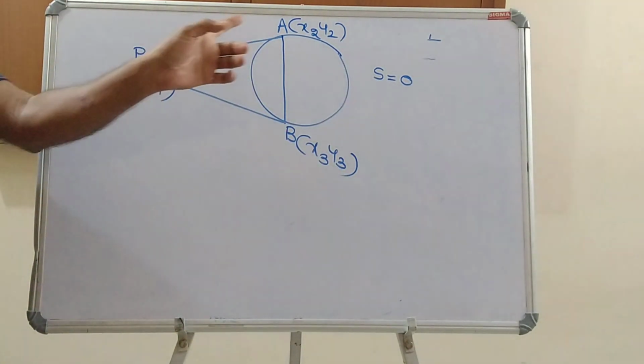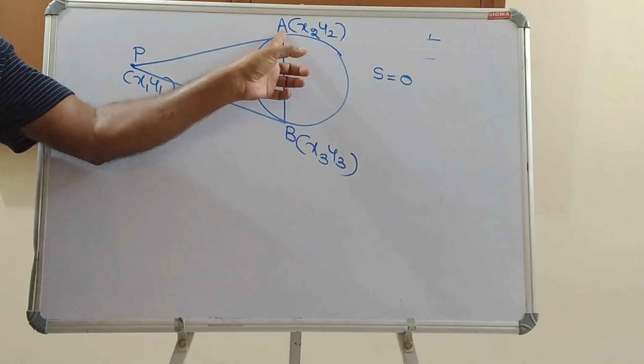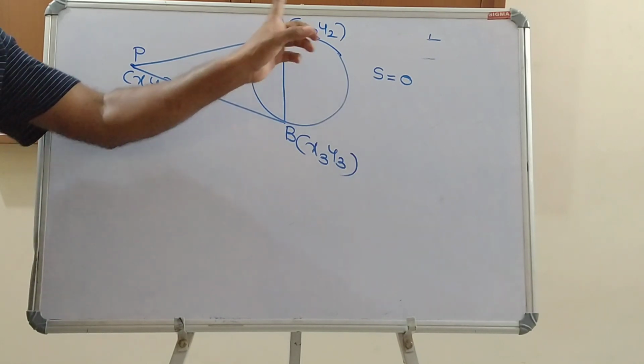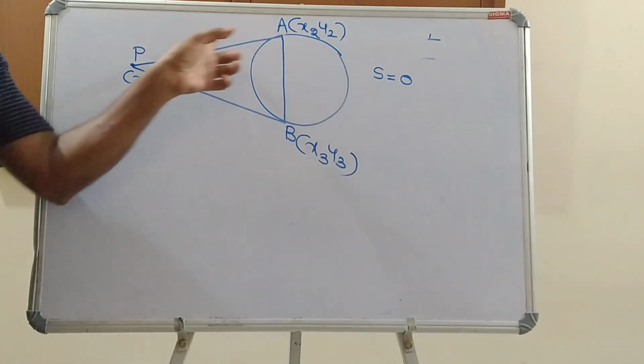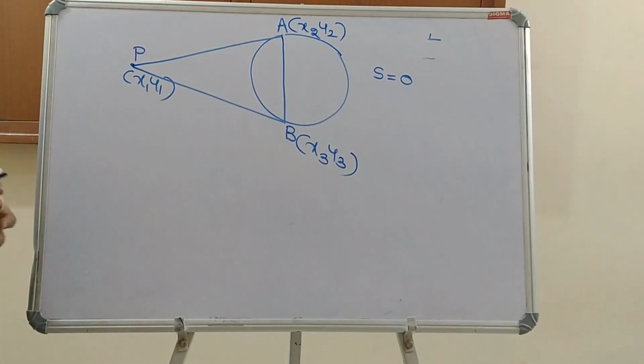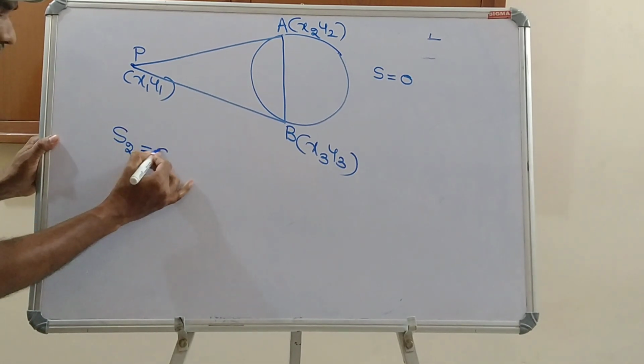Now, at the point (x2, y2), we have to find the equation of the tangent. That is S2 equal to 0.